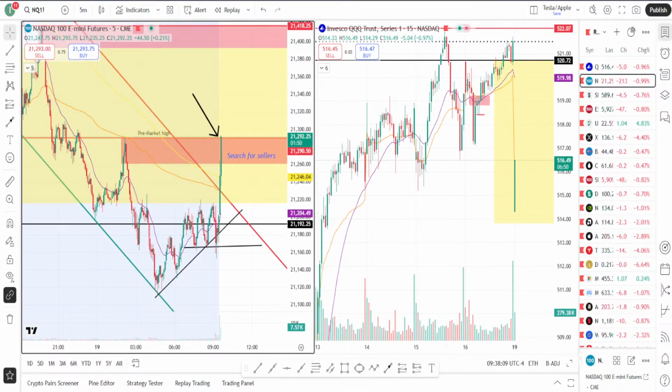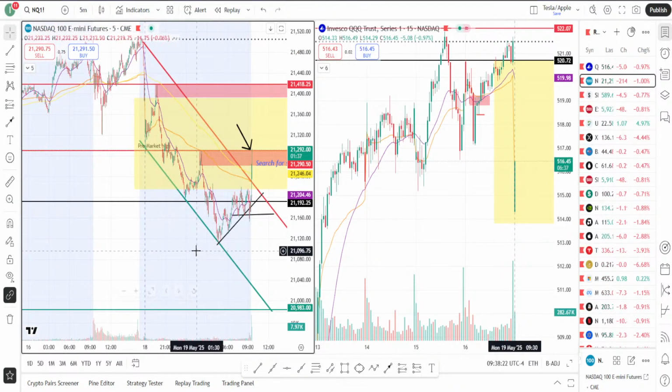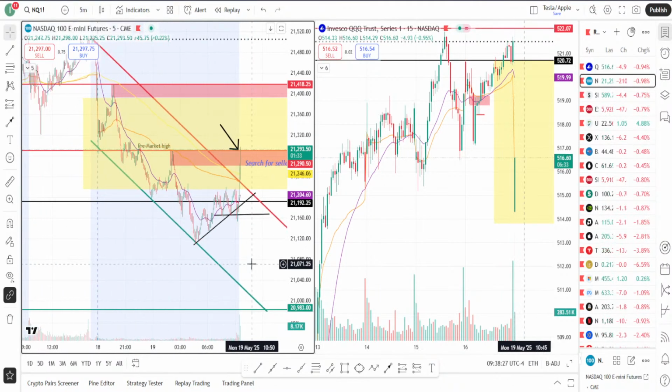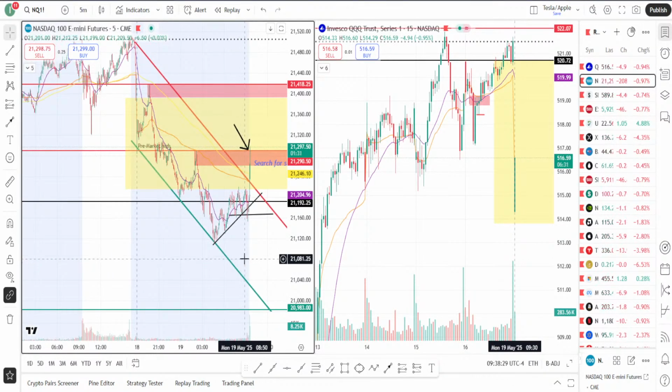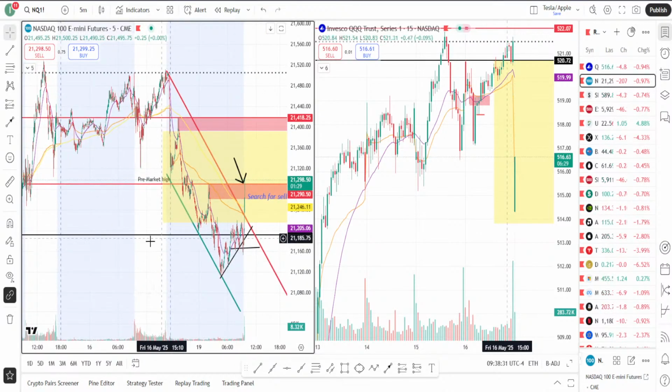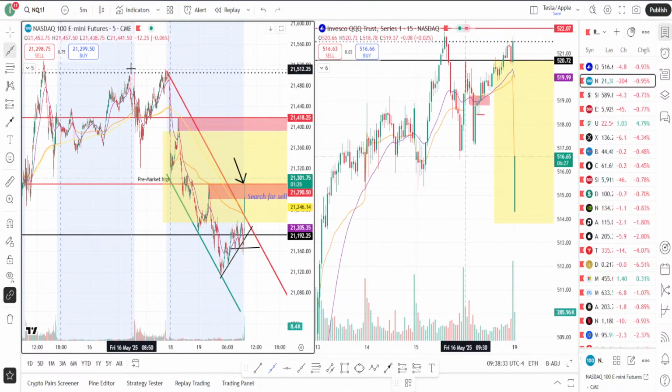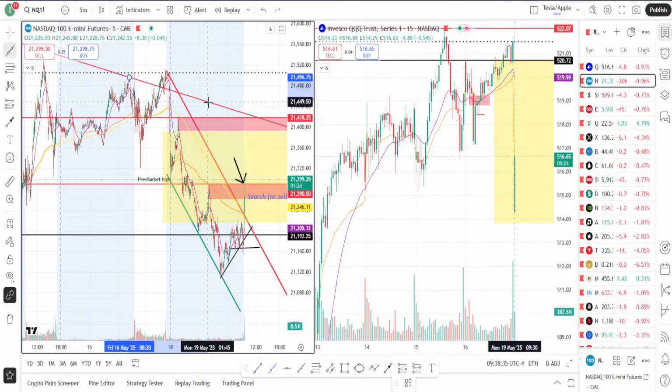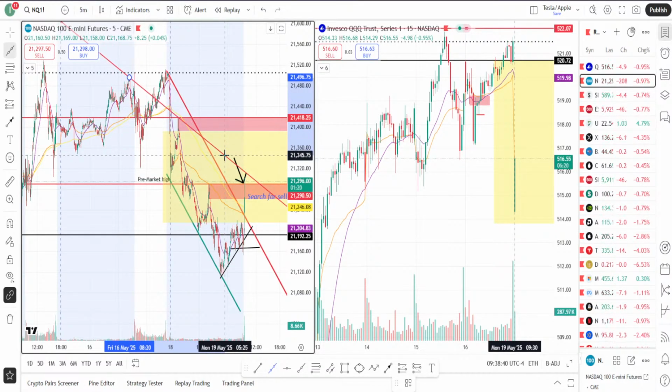That's a crazy rip right there. Jesus. That's one crazy rip. See, looks like we could have other areas of resistance here.